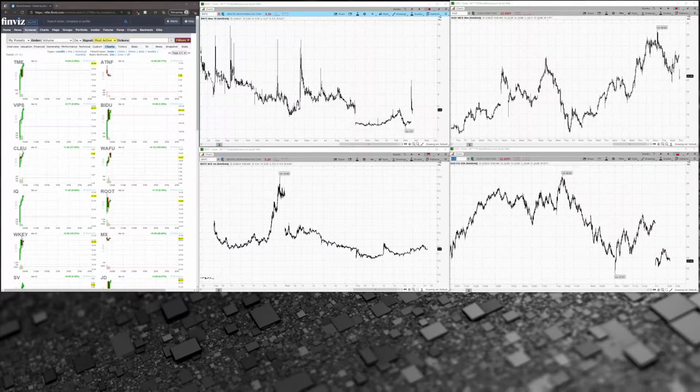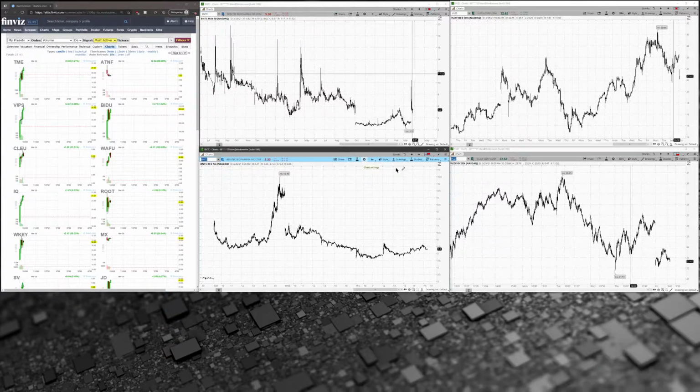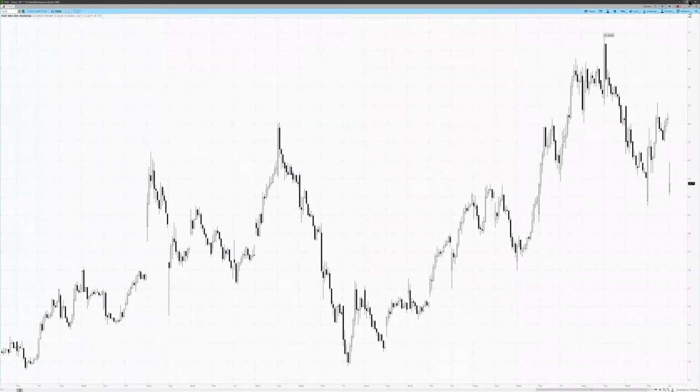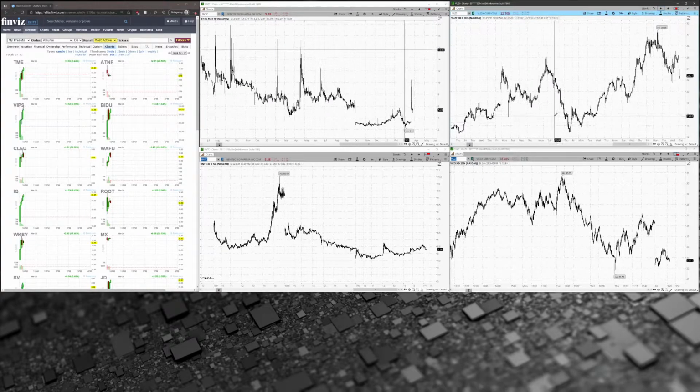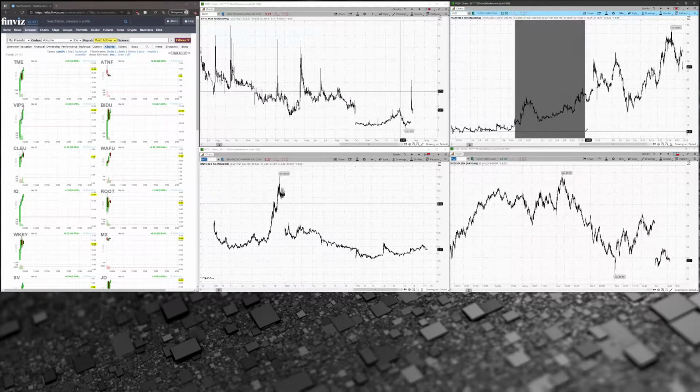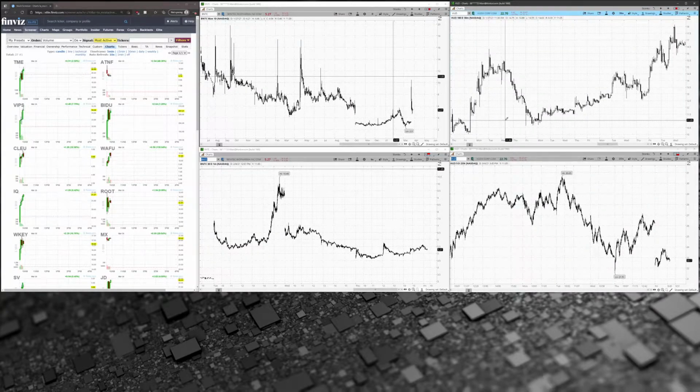All right, so let's just look at this boozy chart. That's probably a little too big. Anyway. Alright, so on boozy, just go to a random spot here.